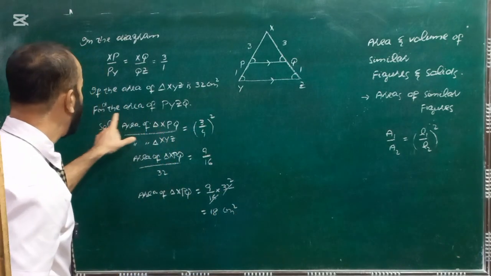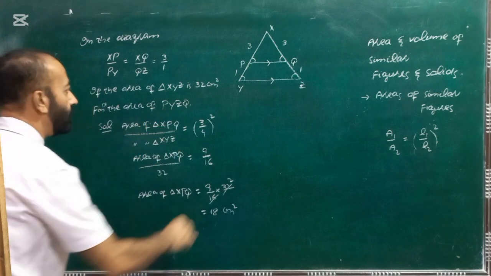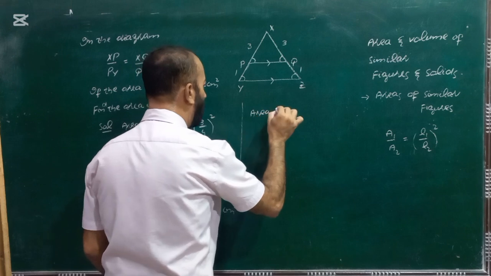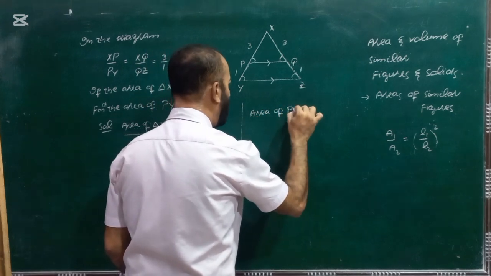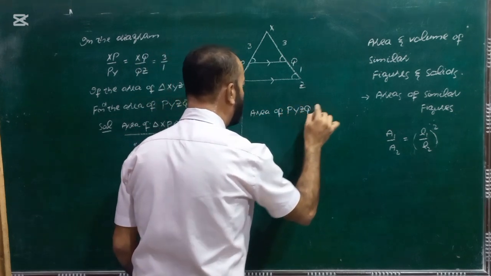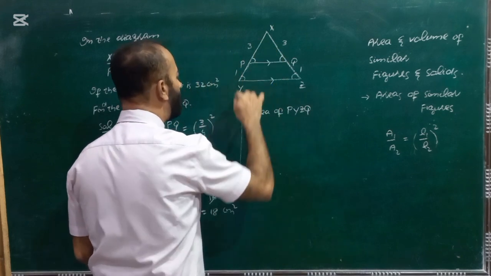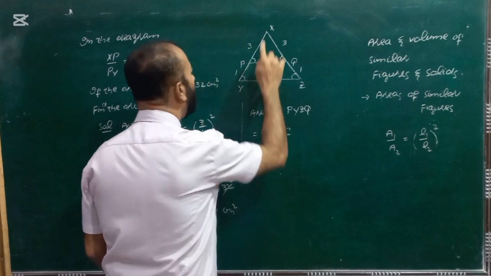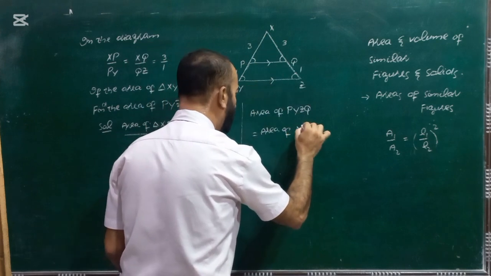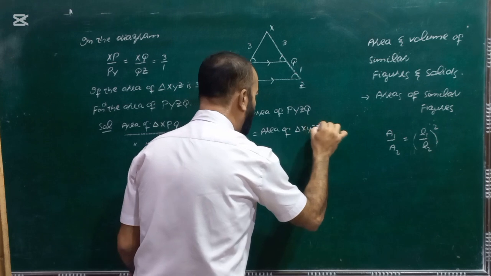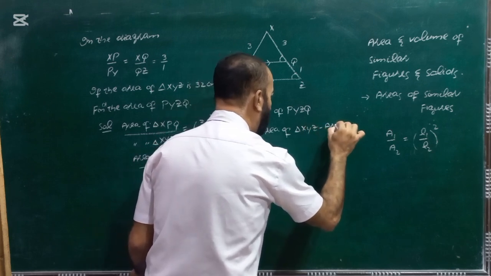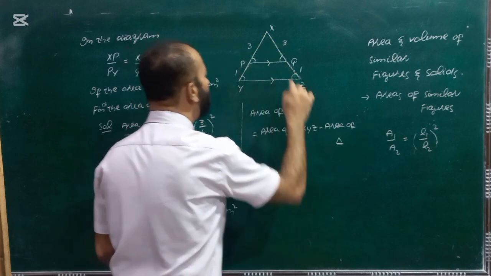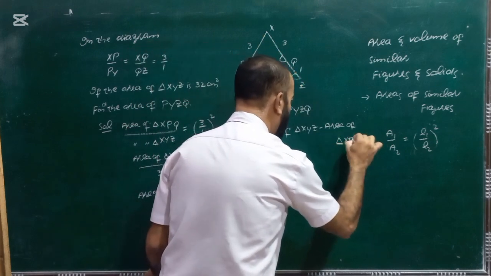Now the requirement is to find the area of PYZQ. The area of PYZQ should be equal to the area of the bigger triangle XYZ minus the area of the smaller triangle XPQ.